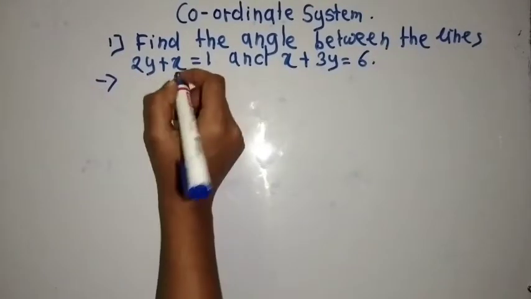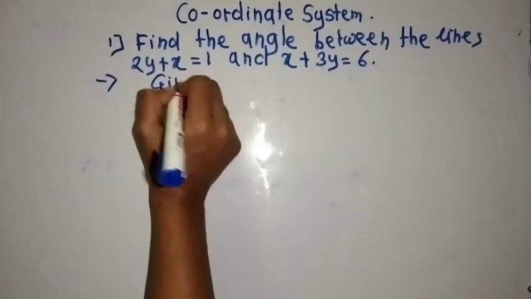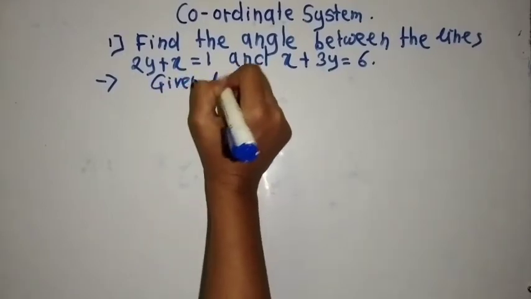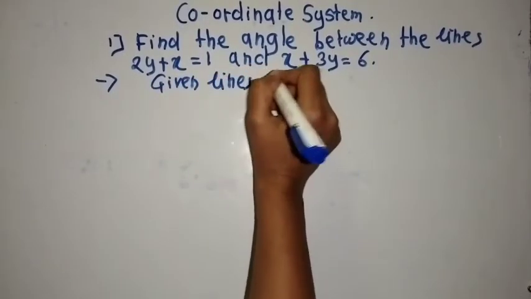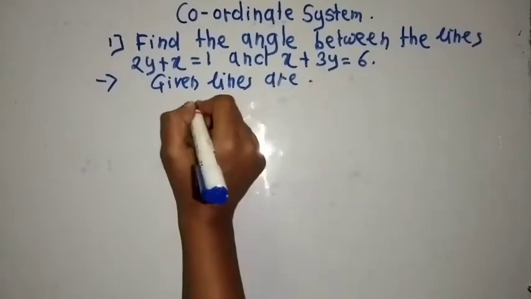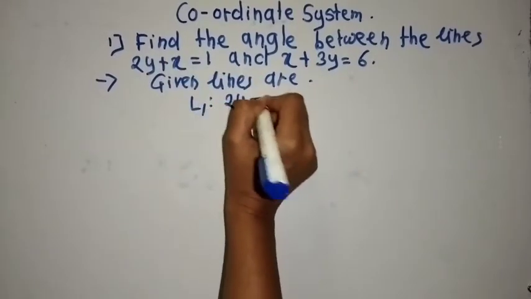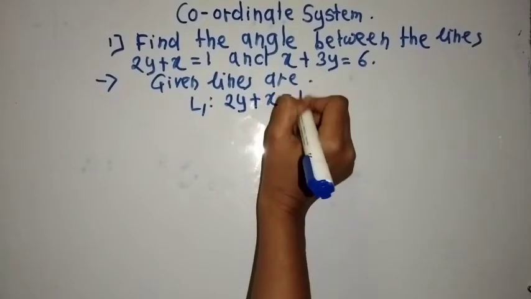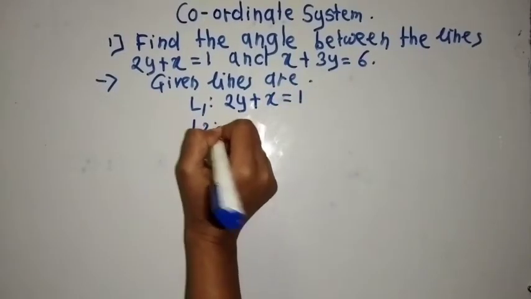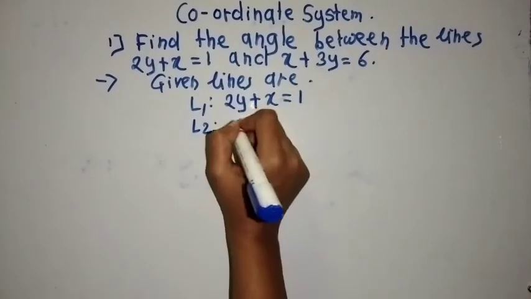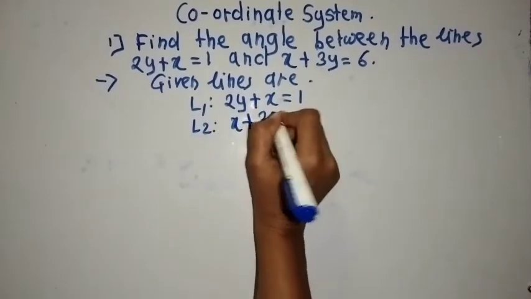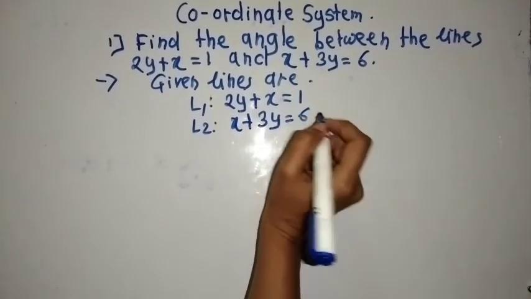So first, the given lines are L1: 2y plus x is equal to 1, and L2: x plus 3y is equal to 6.